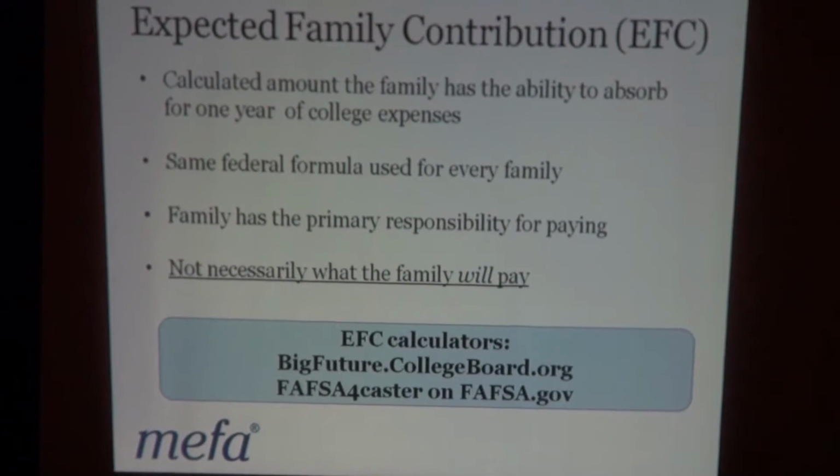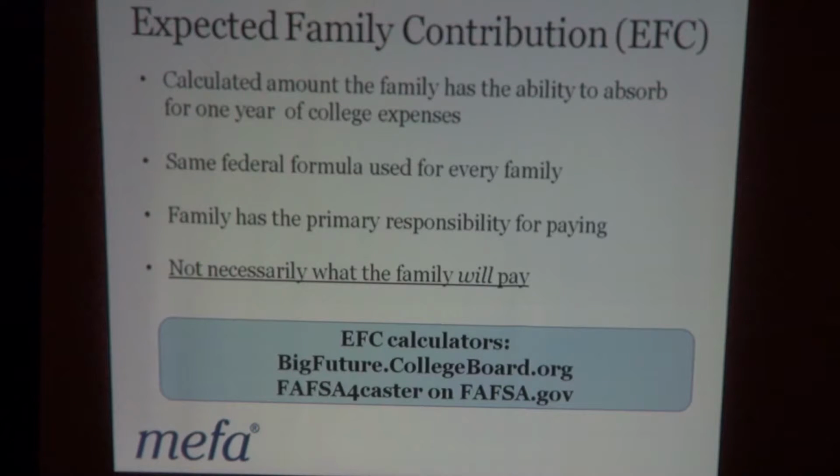There are some EFC calculators that you can go to if you want to go through the process and see what that might be. I would also point out that it is mandated through federal law that all schools must have something called a net price calculator on their website.